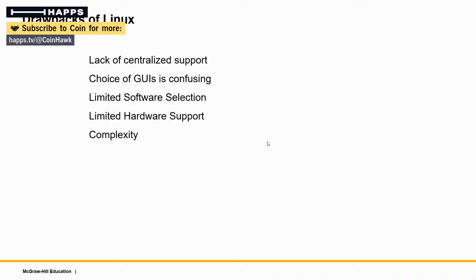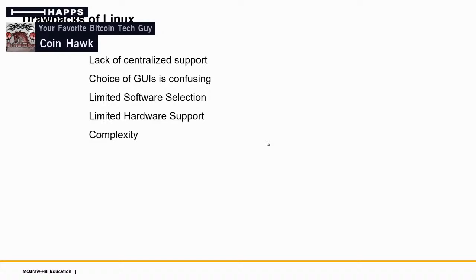Limited hardware support. Another one that is a kind of true statement in that most manufacturers of the hardware, they do not build their machines to work specifically for Linux. Again, if you have an HP and you bought it with an operating system already on it, it's probably going to be Windows.